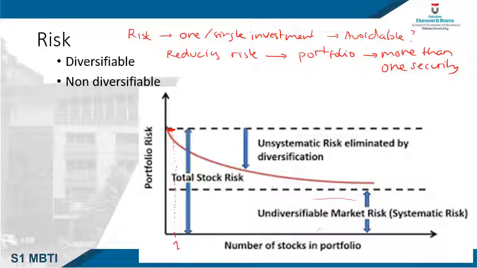Do you guys still know what asymptote means? Asymptote is the line that the graph will never cross. Because it is going very near to the asymptote line. So this is the limit of the line.